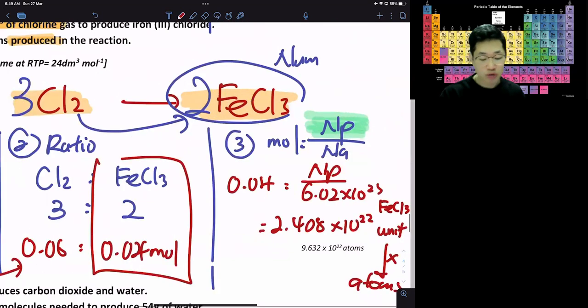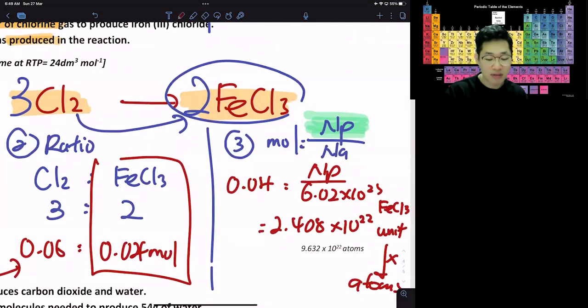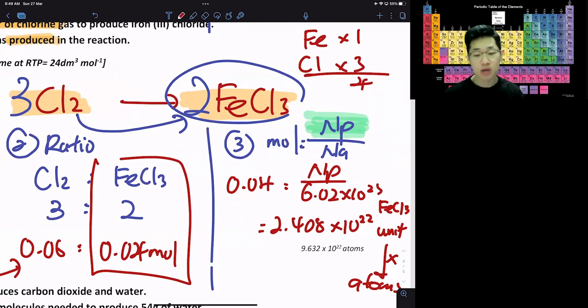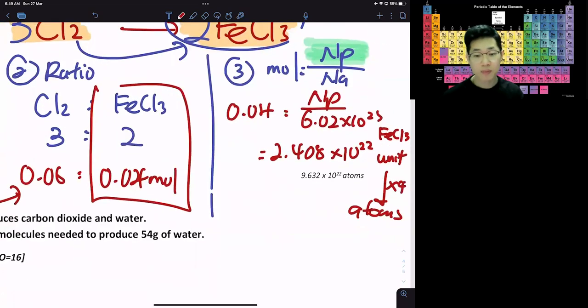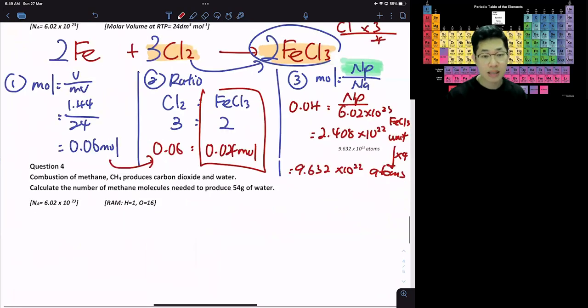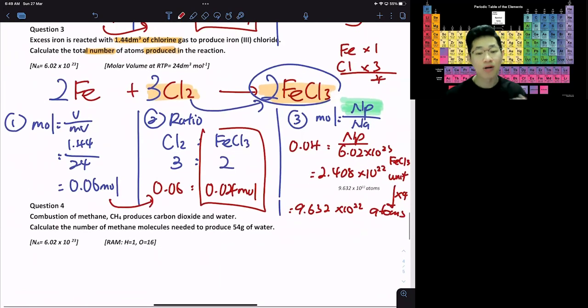In FeCl3, how many atoms can be found? 1 Fe and 3 Cl. So there's total of 4 atoms. So I will multiply it by 4 to get 9.632 times 10 to the power of 22 atoms. So this is how we get the answer.